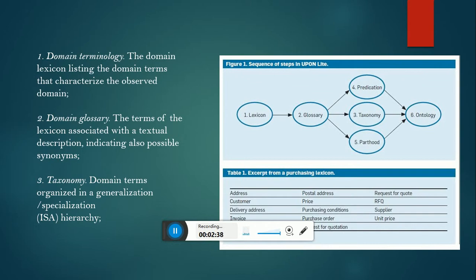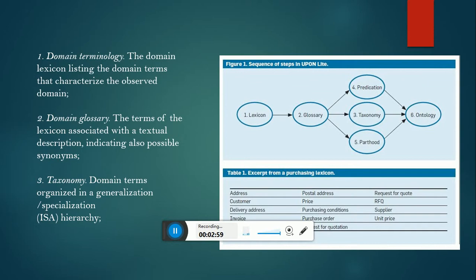So let's discuss domain terminology. In this paper, the domain terminology stands for the lexicon, which lists the domain terms which characterize the observed domain. The second part is the domain glossary, where each term of the lexicon is associated with a textual description, indicating also possible synonyms.